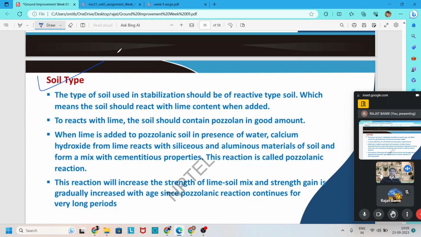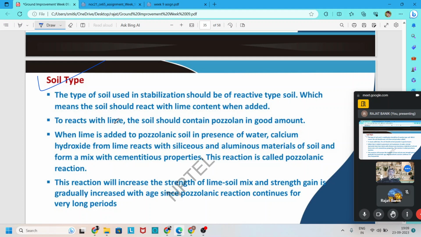First one is soil type. We already discussed that the soil type is moderately fine to fine grained, and this soil should be reactive in nature. That means mostly it should be clay or silty soil, which is mostly reactive, which means the soil should react with the lime when added.